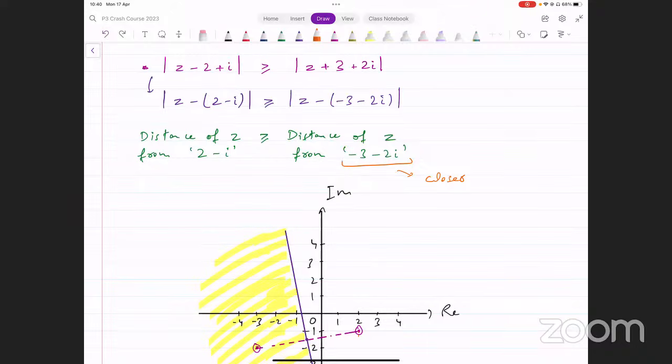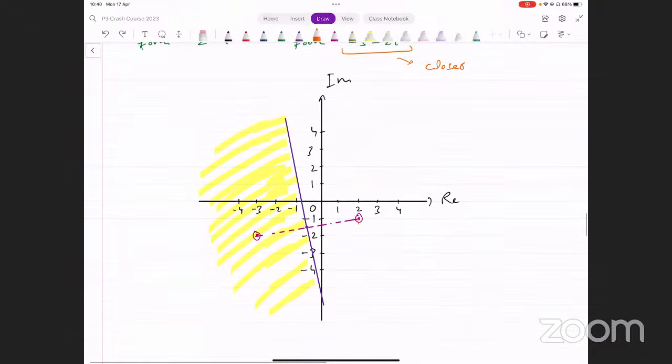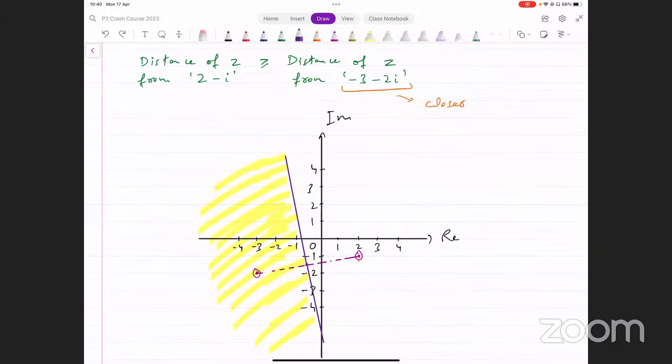In this case as well, since we're talking about 2 points, you will draw a perpendicular bisector first of all, but then you will see, since the point z has to be far away from 2 minus iota and closer to minus 3 minus 2 iota, you shade the region to the left side of this perpendicular bisector, and that would give you the region that you're looking for.